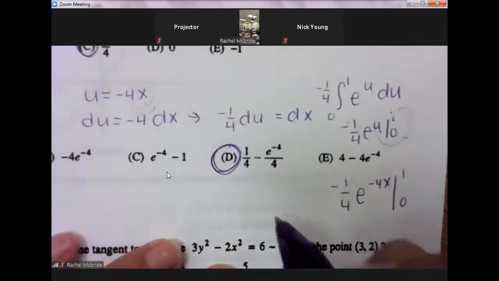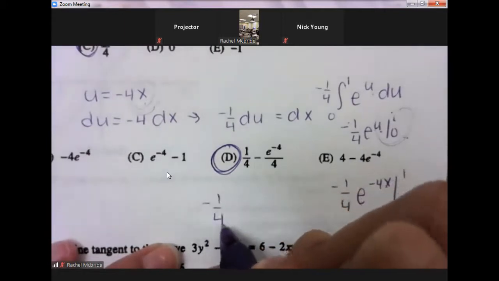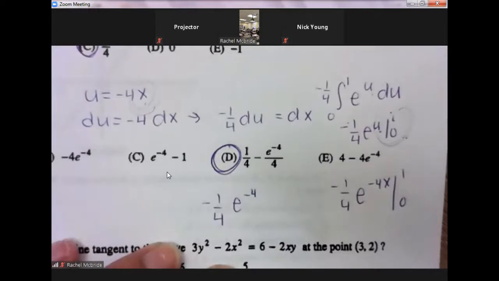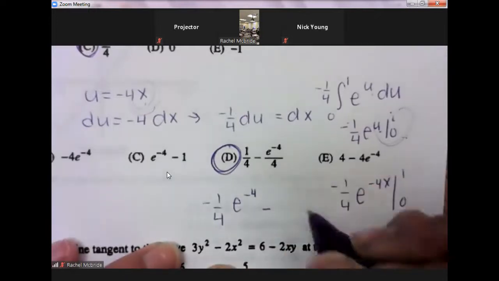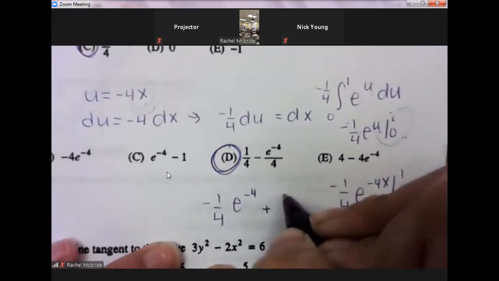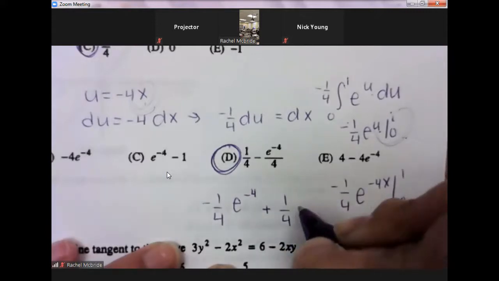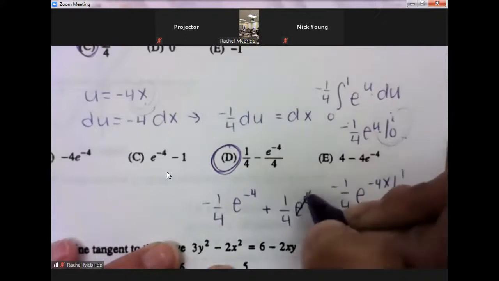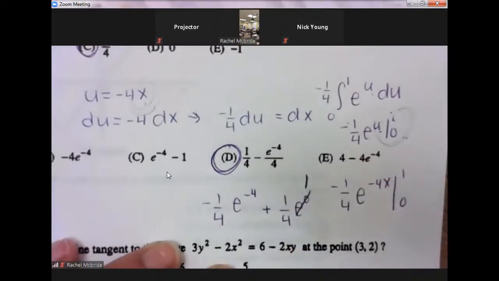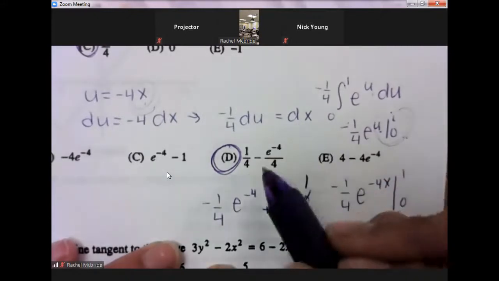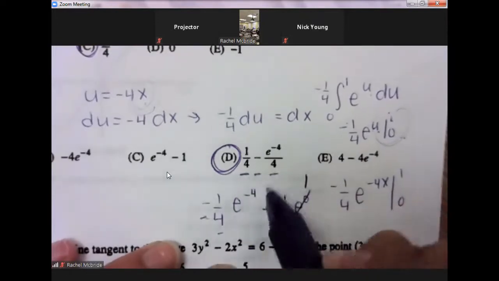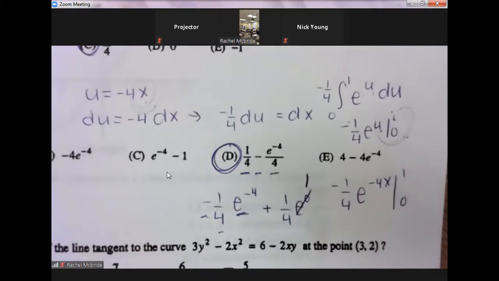But if you leave it as is, you get negative 1/4 e to the negative 4 minus a minus, which is a positive 1/4 e to the 0. And we know anything to the 0 power is 1. So therefore you have the 1/4 minus 1/4 e to the negative 4.